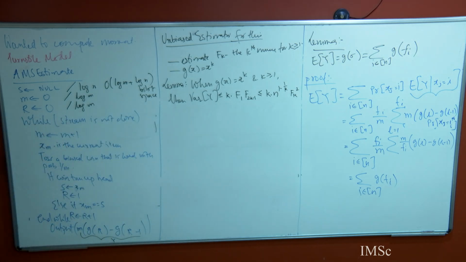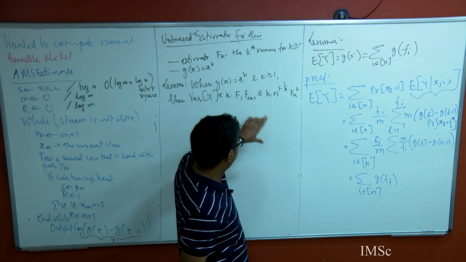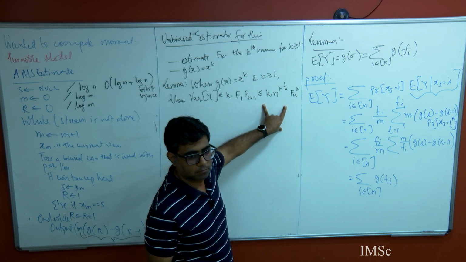So this is what our variance will be. Suppose we proved that our variance of Y is going to be this quantity.